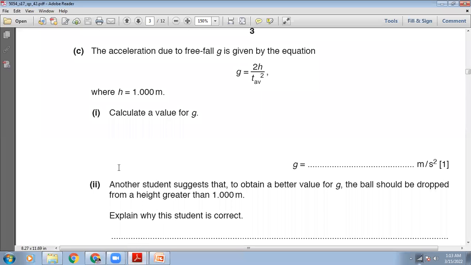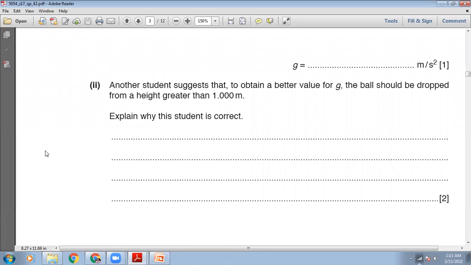Okay, so then they say, another student suggests that to obtain a better value for g, the ball should be dropped from a height greater than 1 meter. Explain why this student is correct. You see, when you drop the ball from more than 1 meter height, the time taken for the drop will be larger.